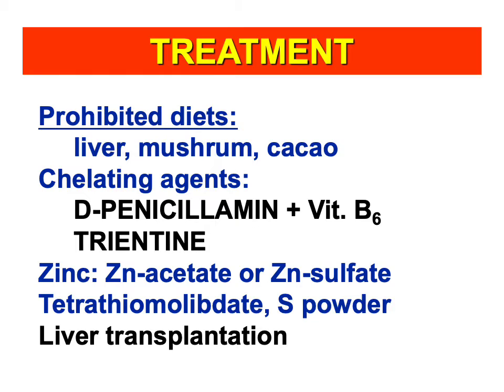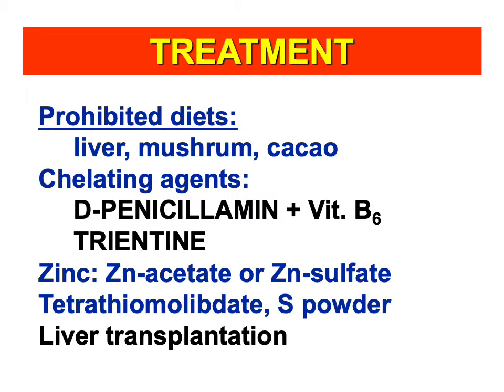We can add chelating agents like penicillamine with B6 and trientine, and it can bind the free copper in the blood and eliminate it by the kidneys. The zinc in form of zinc acetate or zinc sulfate can compete a little bit with the copper.